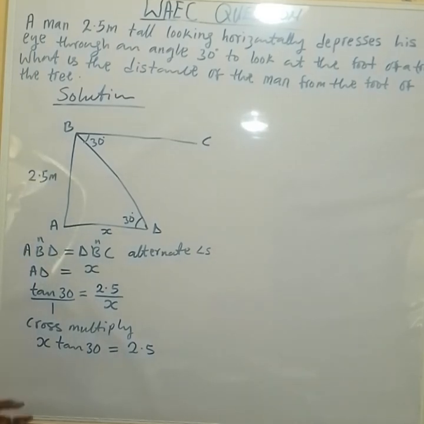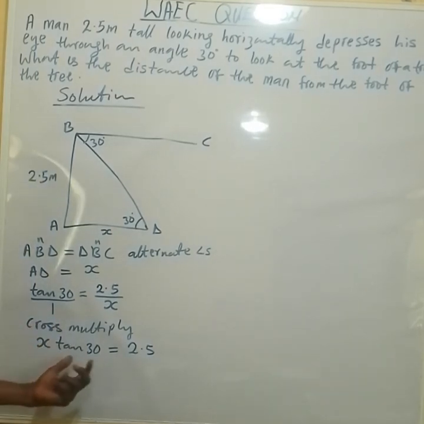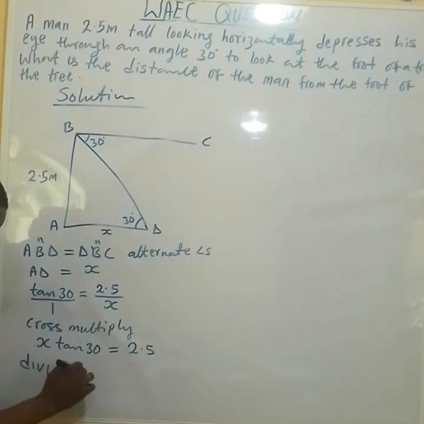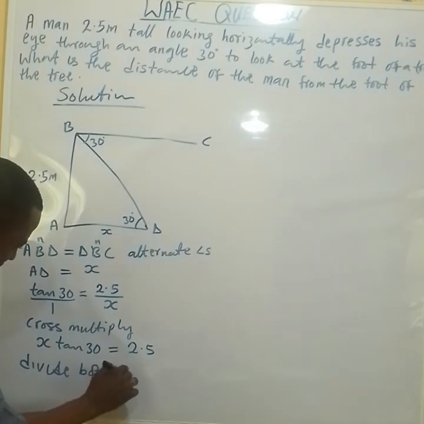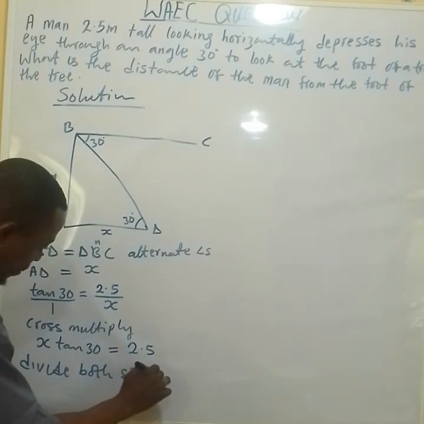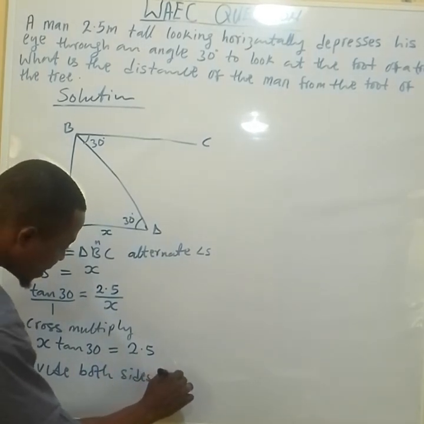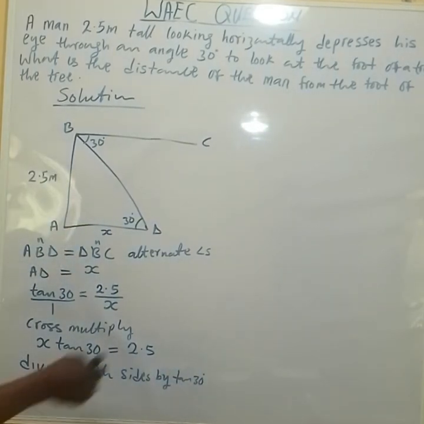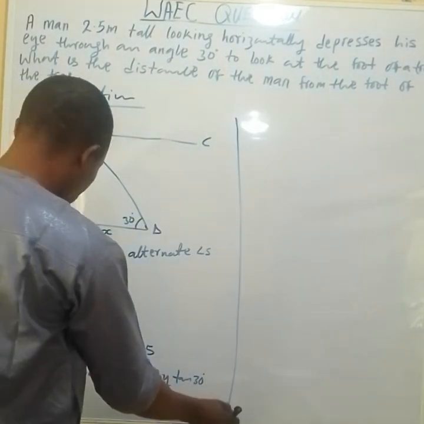We are solving for the value of X, and we have tan 30 degrees, so we divide both sides by tan 30 degrees.